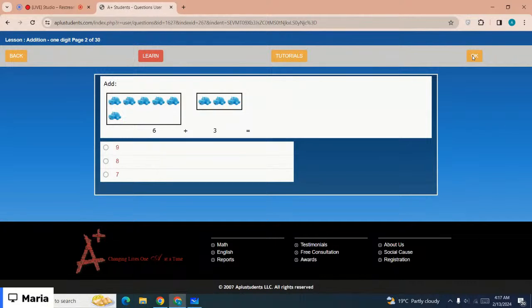What's wrong with the chat? So 6 plus 3 equals, yes, that is 9, right? The correct option is 9. Very good.